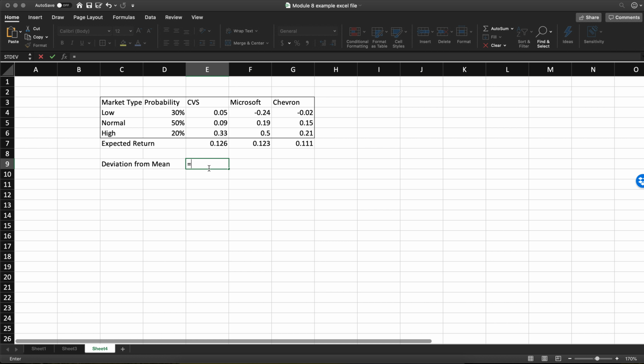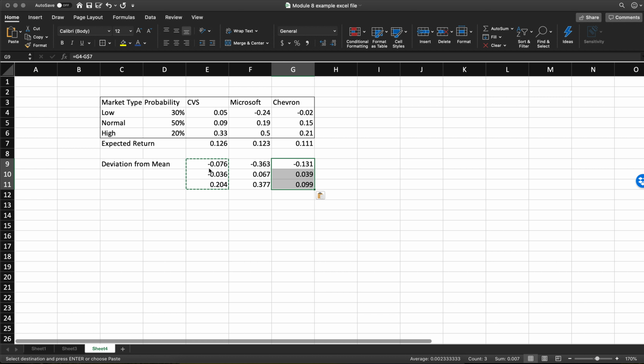All right, deviation from the mean, very, very simple. I'm going to lock the row, but not the column. All right, now we're going to square it.